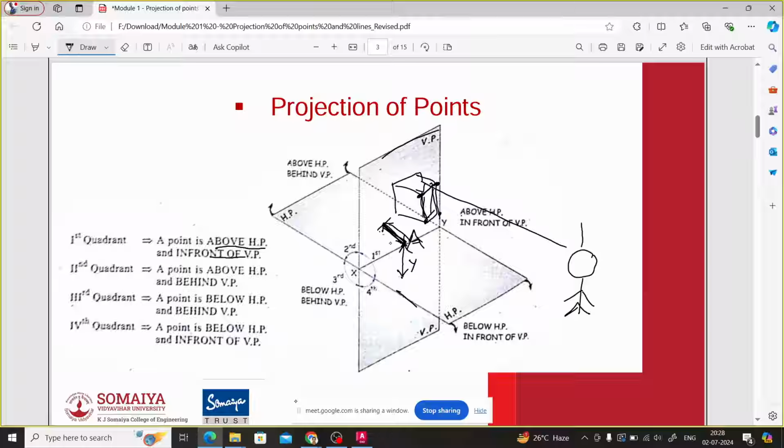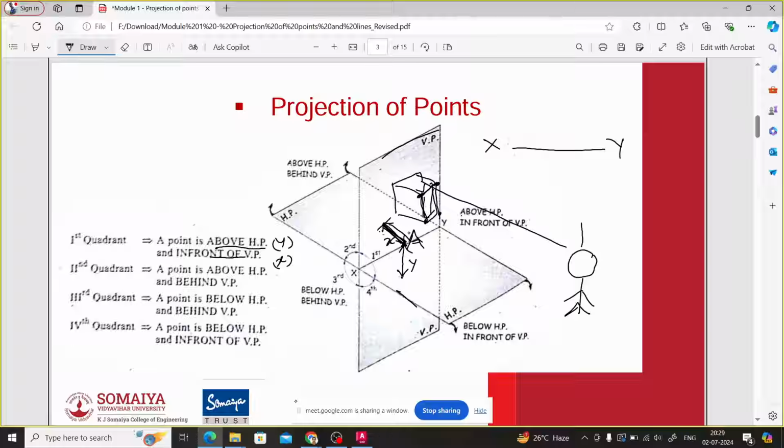Let us call this Y, and let us call the other X. So Y is the distance above HP, and X is the distance in front of VP. How do we locate it then? The intersection of VP and HP is the reference line on paper, which we take as XY. XY is the intersection of the vertical plane and the horizontal plane. Can you see this? X and Y.